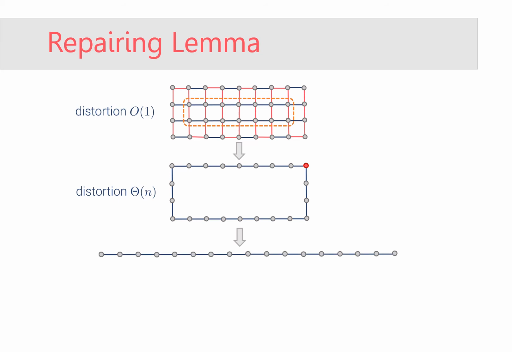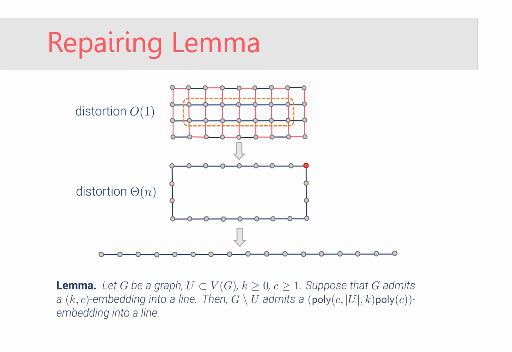So this observation can be generalized into the following statement, which we call the repairing lemma. It basically says that if a graph was embeddable with low distortion and a small set of outliers to begin with, then if we remove any subset of the vertices from the graph, the induced subgraph will still have a relatively small distortion embedding into the line with a small set of outliers.